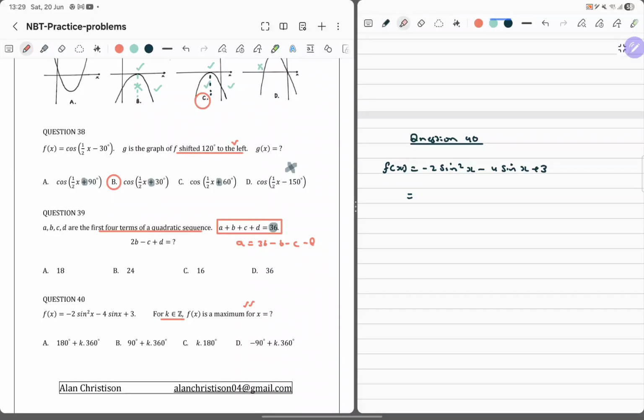What we notice is that this is an identity from cos 2x is equal to 1 minus 2 sine squared x. 2 sine squared x is going to be cos 2x minus 1. Right?